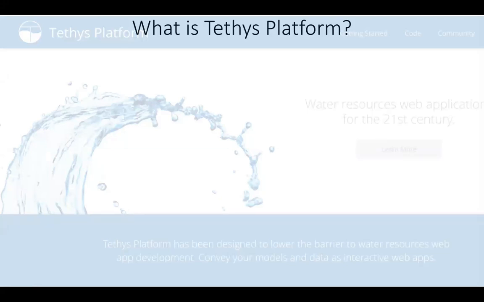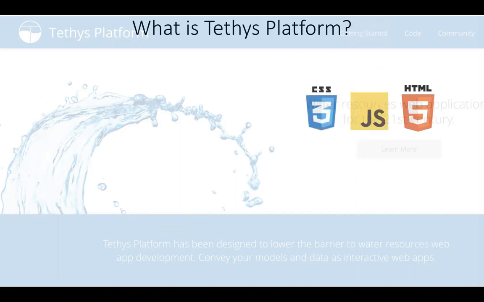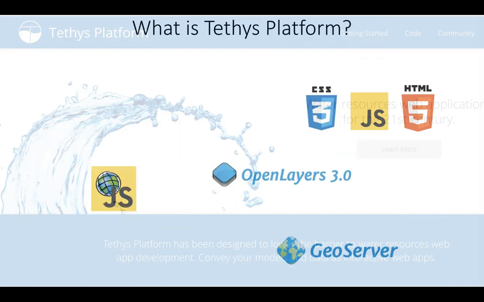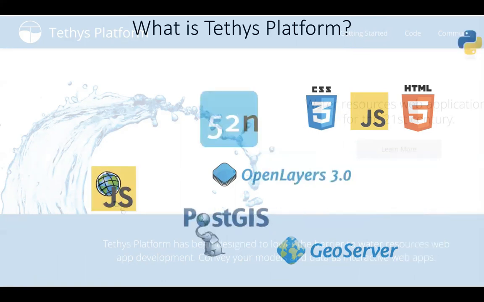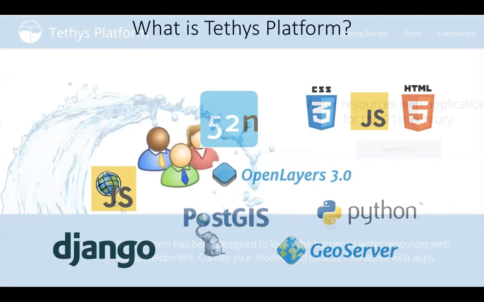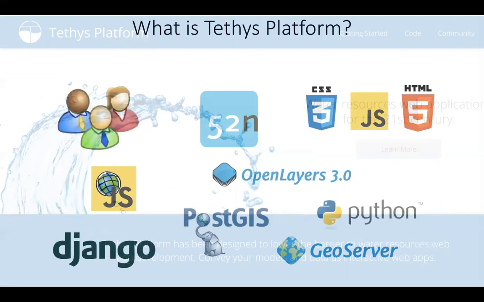Because besides understanding the hydrometeorological sciences necessary to produce actionable information, you need to understand the applications and programming environment such as HTML, CSS, JavaScript, OpenLayers or GeoServer, PostGIS, Django, and others in order to create web applications. This can be daunting and compromises the ability to create robust, reliable, and sustainable applications that operate on global data.